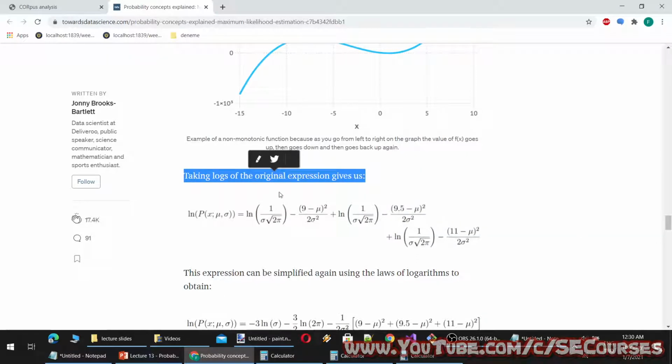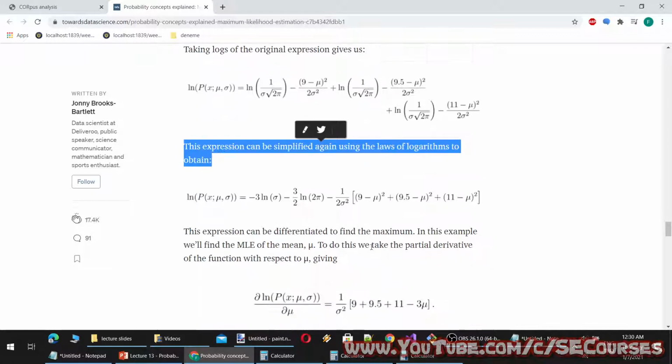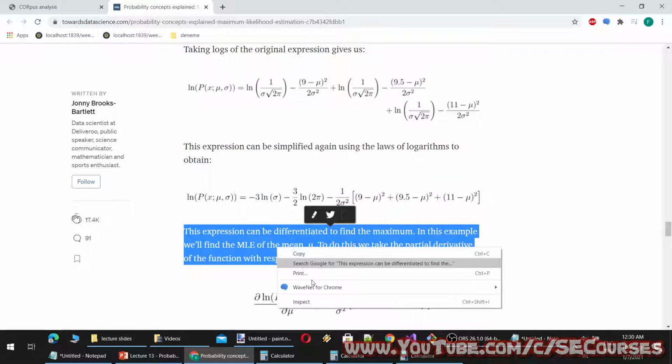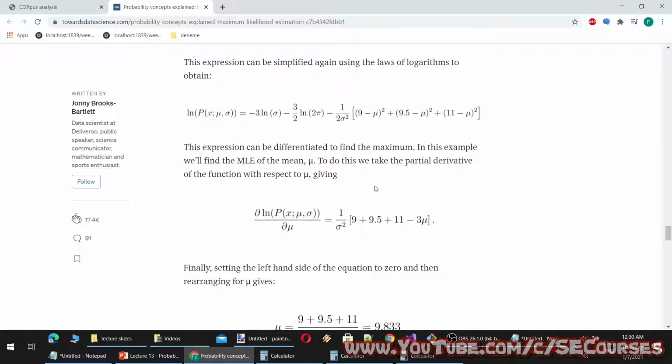Taking logs of the original expression gives us. This expression can be simplified again using the laws of logarithms to obtain. This expression can be differentiated to find the maximum. In this example we'll find the MLE of the mean, mu.